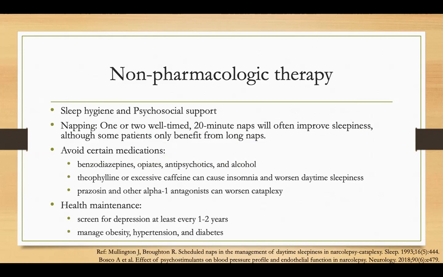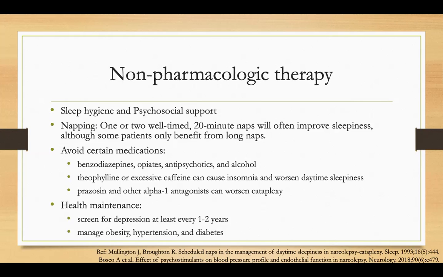So after the diagnosis, we can manage the patients with both non-pharmacologic therapy and pharmacologic therapy. We counsel patients about sleep hygiene and psychosocial support. We can also recommend napping during work or school if it can be arranged.